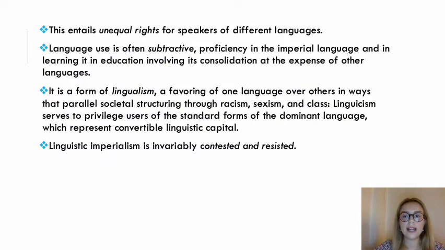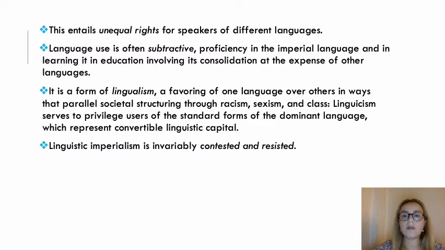To continue, this entails unequal rights for speakers of different languages. Language use is often subtractive, with proficiency in the imperial language and learning it in education involving its consolidation at the expense of other languages.